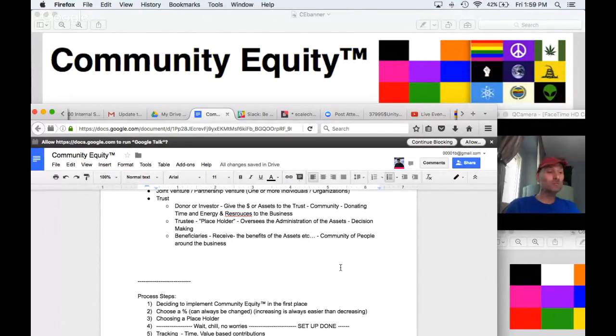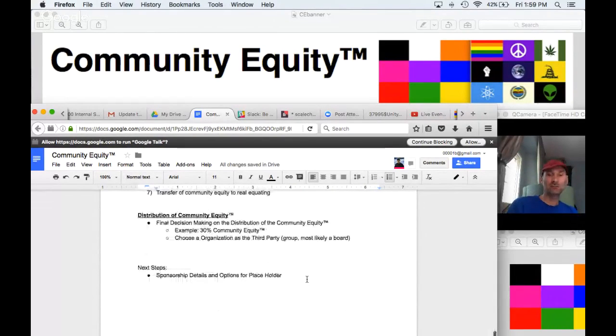It's actually multiple nonprofits that have this decision making over the community equity. So you could technically choose more than just a single organization.